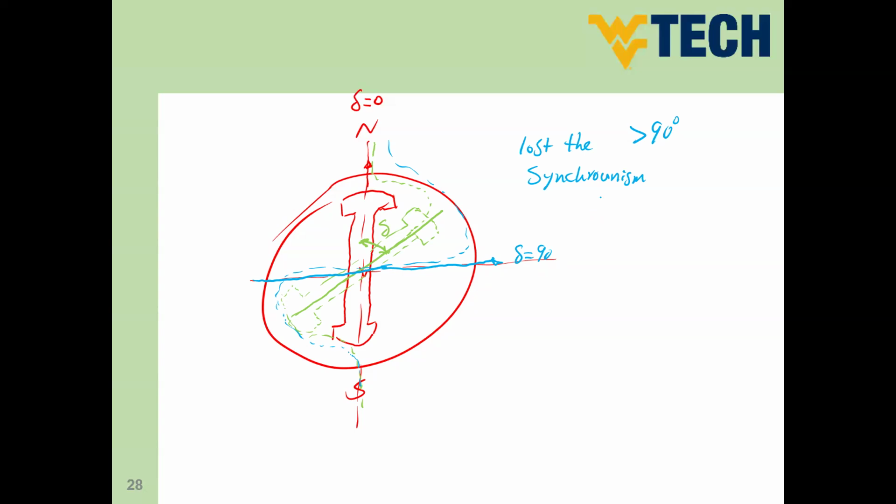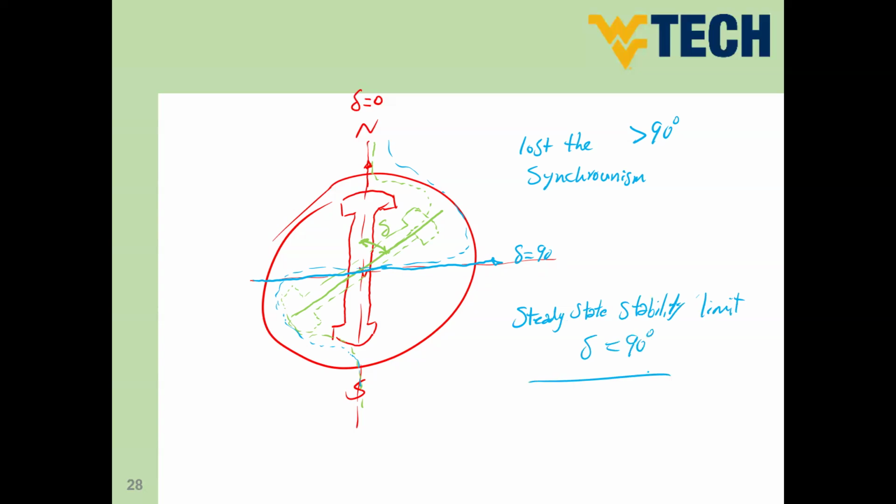So for that, we said the steady state stability limit is at delta equals 90 degrees.